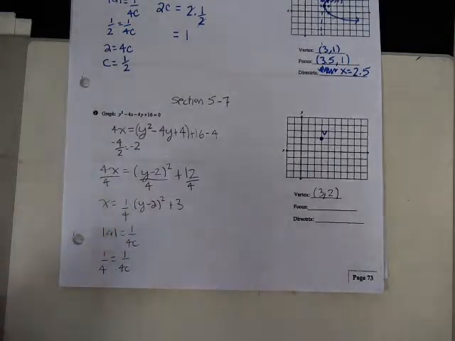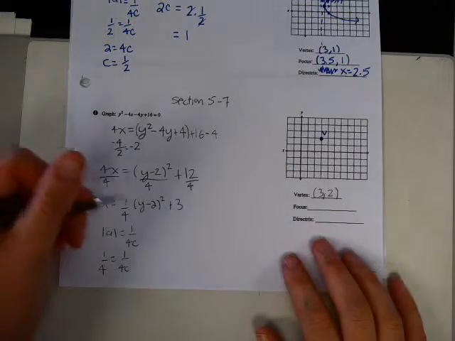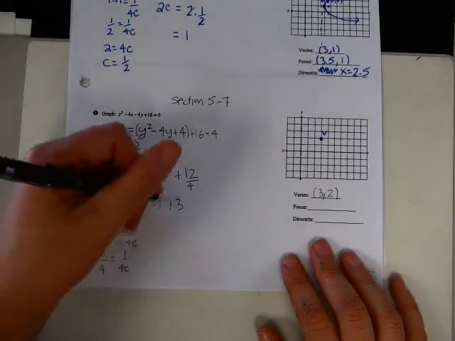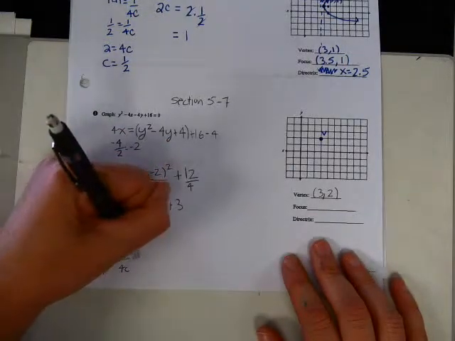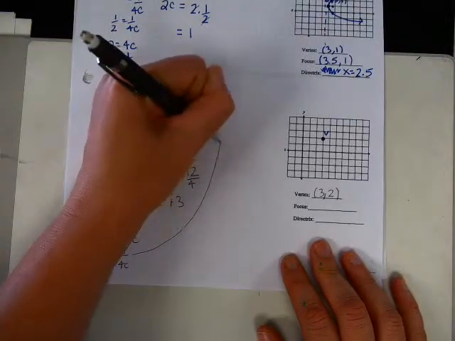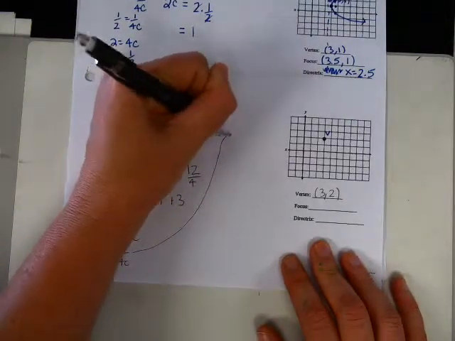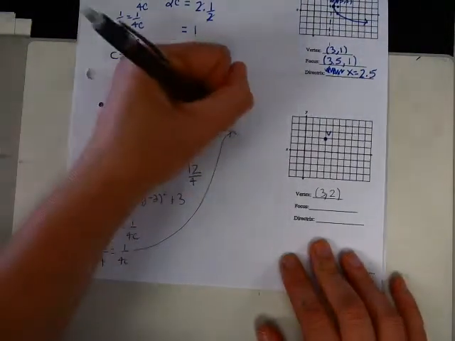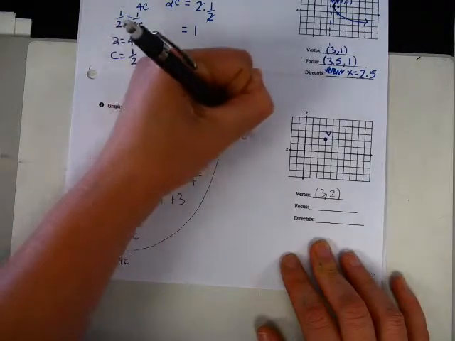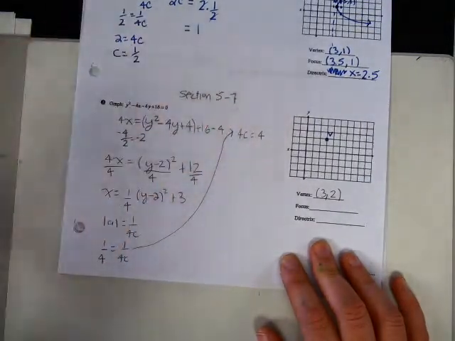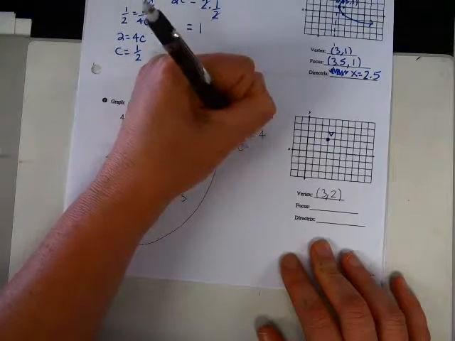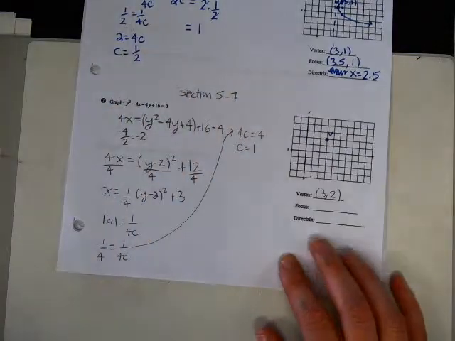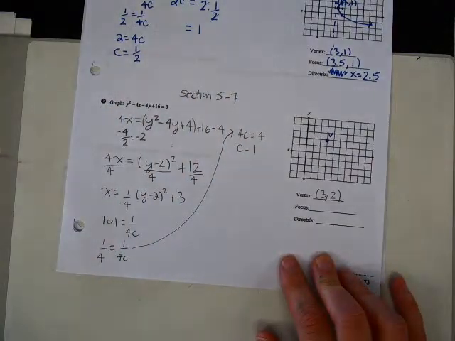Cross multiply. I'm going to bring this up here and keep working. 4c equals 4. c equals 1. The distance from my vertex to my focus is 1.